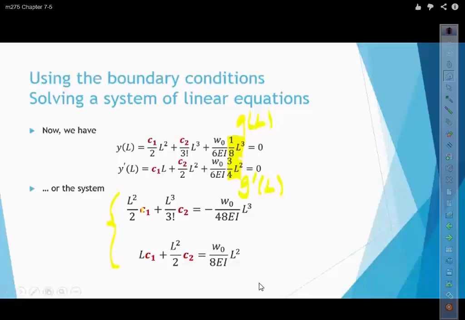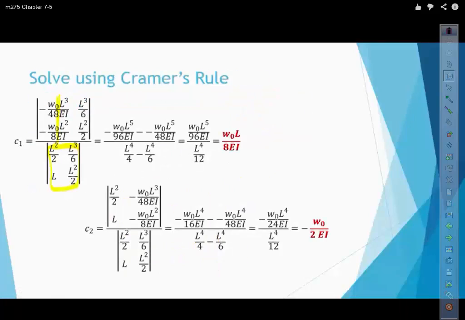Or the way I ended up doing it here is to use Cramer's rule. Now, Cramer's rule is a nice little rule that we may have learned in algebra, but it's dealing with matrices. So by using Cramer's rule, I was able to get the solution a little bit quicker.